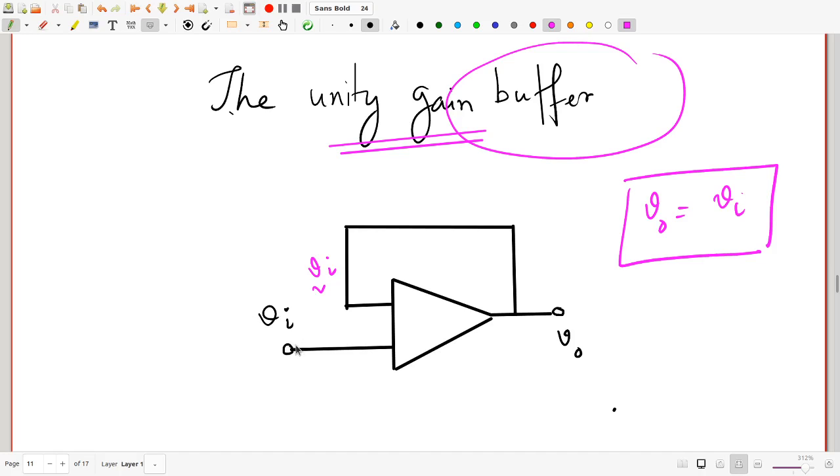This is going to almost draw no current from the previous stage, which means whatever output the previous stage gives comes to this one, and this produces an output at very low output impedance to the next stage, which means it doesn't matter what the next stage's input impedance is, you are going to simply get Vi fed to the input of the second stage, and the circuits are going to work without any further complications.